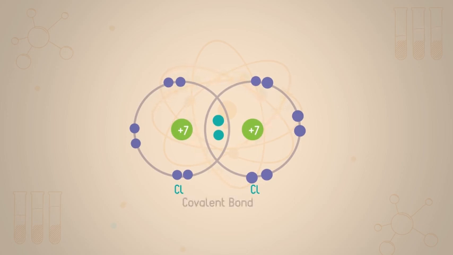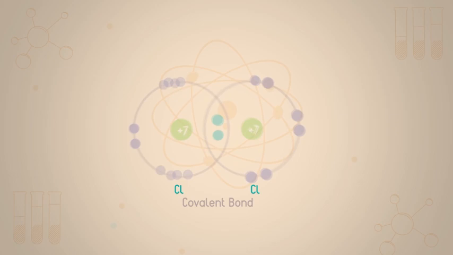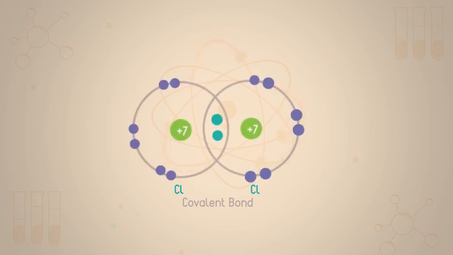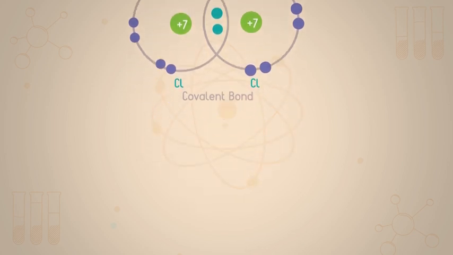We now have a covalent bond formed by the attraction of the 2 electrons and the 2 nuclei. If a third chlorine atom approaches, there's no room for its electron in the outer shell of the atoms already there, so it's unable to bond. Thus, chlorine, the element, exists as a set of independent diatomic molecules.